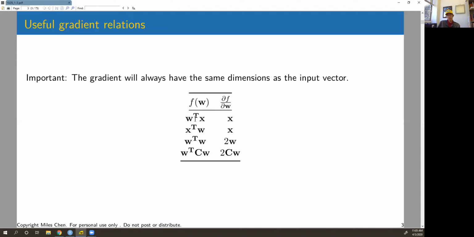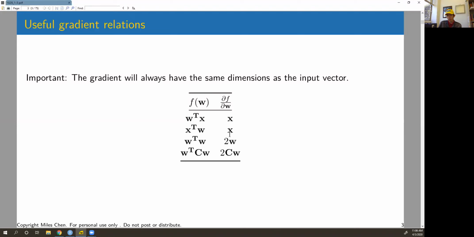Imagine some vector x in 2 dimensions, and some weight matrix W, also 2 dimensions. So W might be 2 by 1, W transpose is 1 by 2, and X is 2 by 1. When you take the gradient of this function with respect to W, which is 2 by 1, the output also has to be 2 by 1. If W is 4 by 1, then the gradient of F with respect to W also has to be 4 by 1. And the gradient of W transpose X is X.